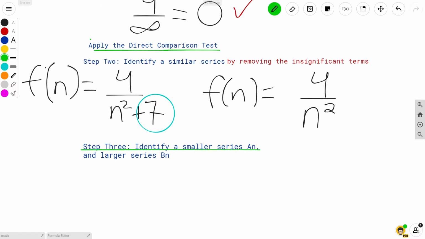In this case, I'm going to underline step 2 because it's also an important step. Now that we have that, which one is our a sub n?